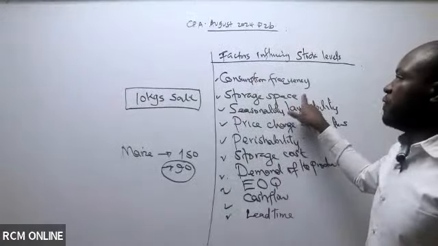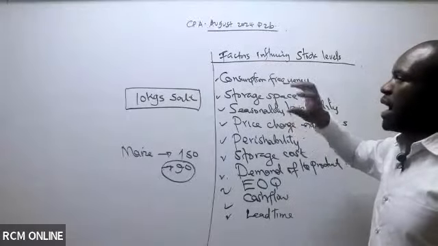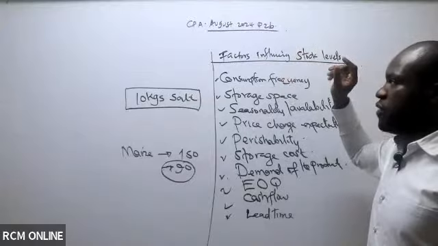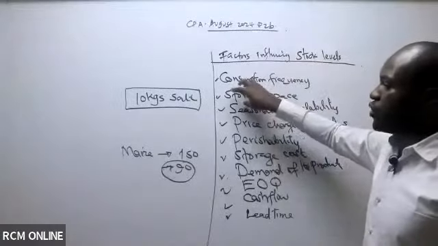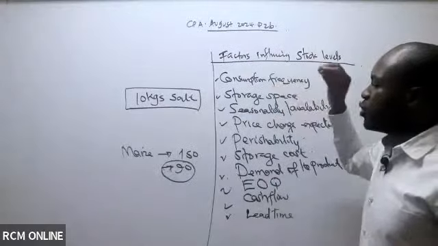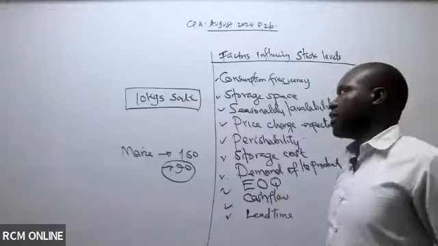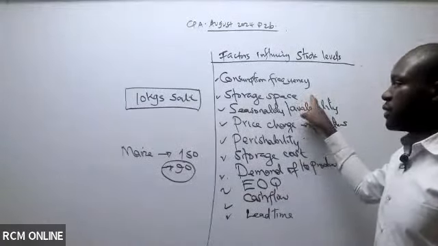Storage space. If it is so expensive to store this raw material, and I'm dealing with bulky raw material that requires a lot of space, then I don't need to store it, but I can organize with the supplier to bring the quantity I need for that particular day, so that I don't need storage space.